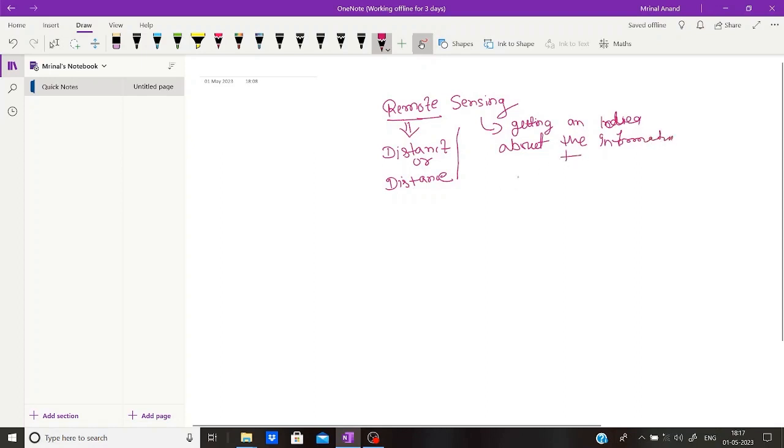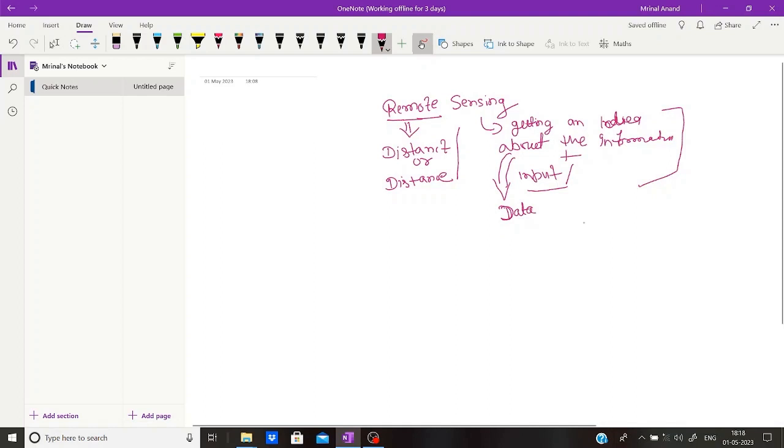Secondly, if you are trying to find some input, like the temperature, pressure, humidity of an area, this is the meaning of sensing, to get the information. And from that information, if some user finds that information useful, then that information becomes the data.